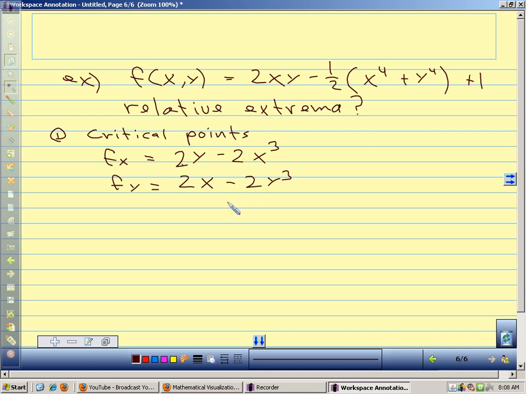So we have critical points at, these both equal 0 at 0, 0, so that's the first critical point. And we can tell that just by looking at our functions. And we need to solve simultaneous equations to find our other critical points.